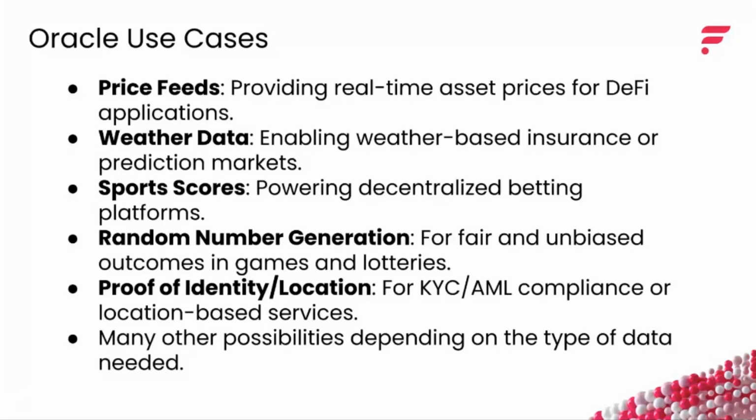So you have price feeds from stocks, commodities, cryptocurrency prices, which can be used for decentralized financial applications, weather data, prediction markets, decentralized betting platforms like Kalshi, which is big now, Polymarket is very big, sports scores, random numbers, which is an important oracle to bring on chain because there's no sense of randomness on the blockchain.